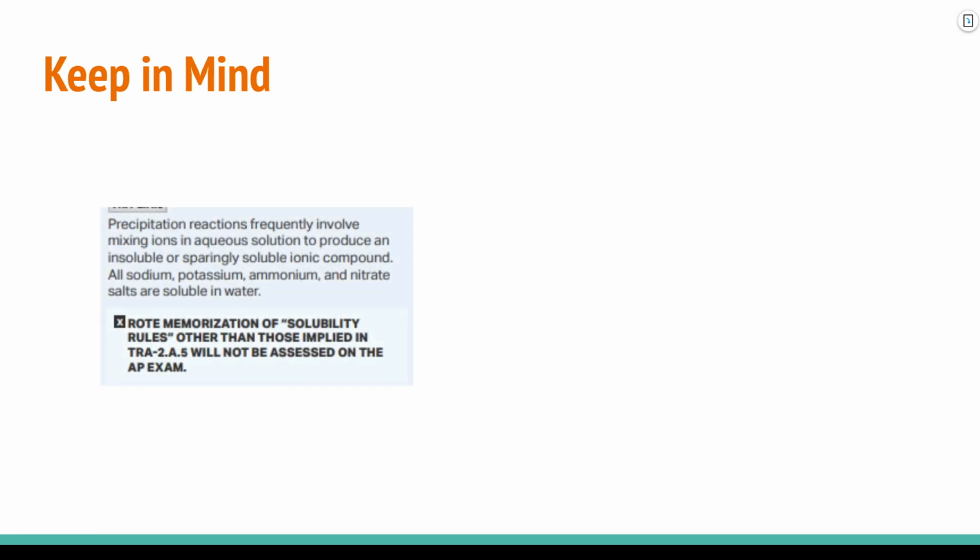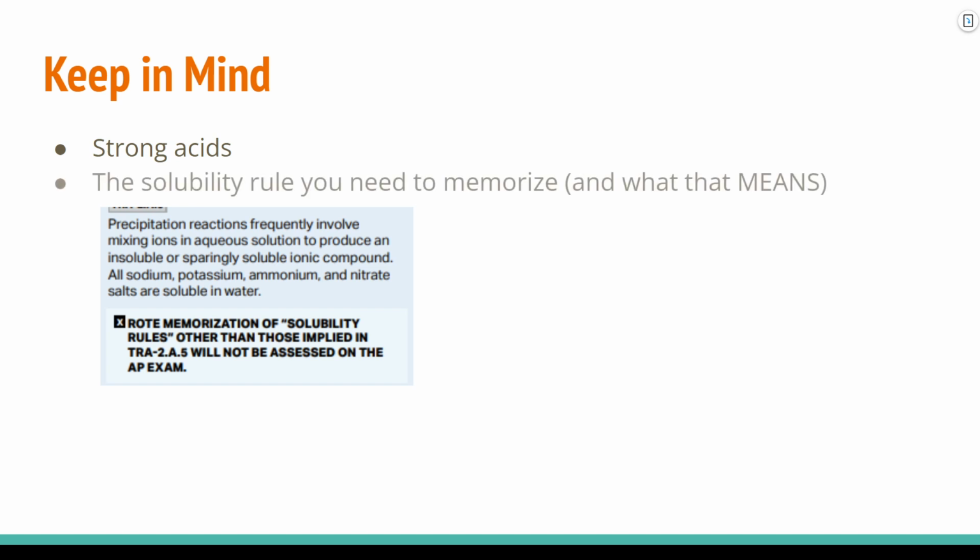Okay, so things to keep in mind. One thing to keep in mind is your solubility rule you had to memorize. All sodium, potassium, ammonium, and nitrate salts are soluble in water. So the other thing to keep in mind is strong acids. And so as a reminder, for the solubility rule you had to memorize, these 4 are soluble in water.